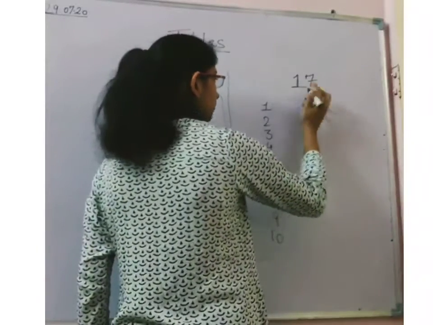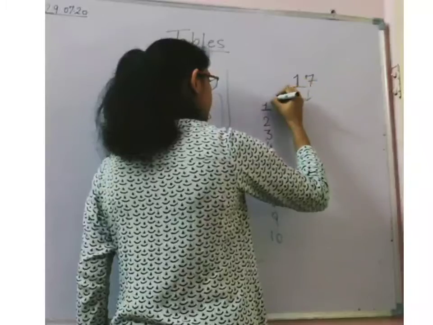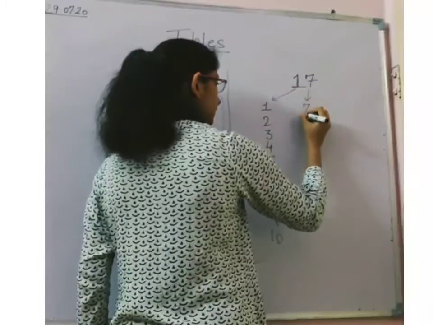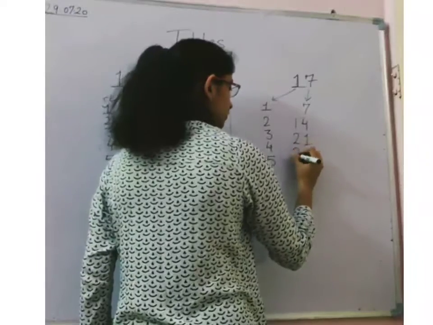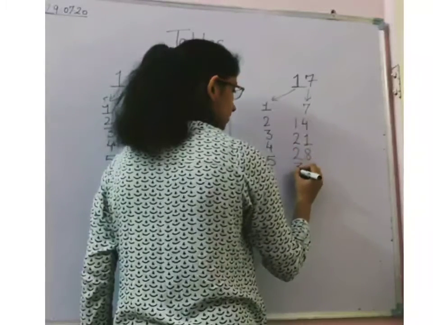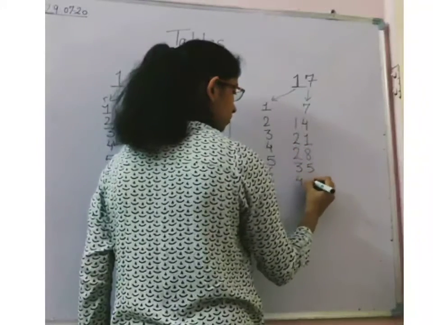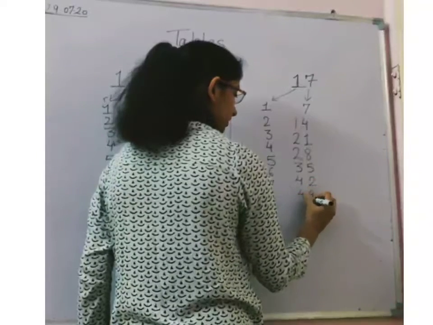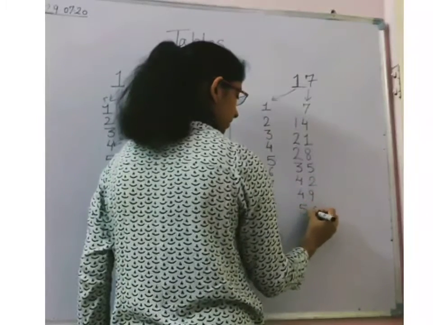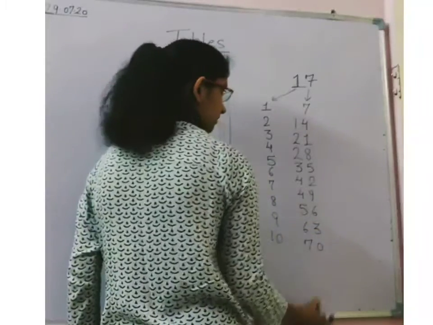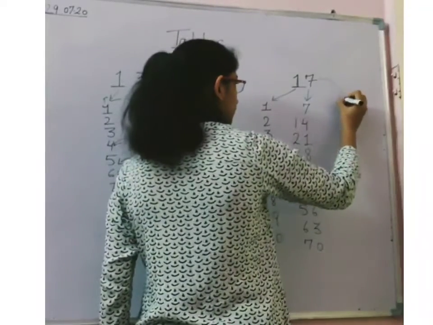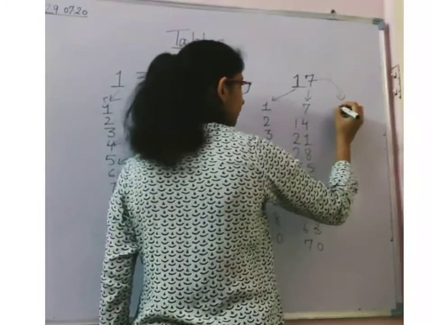When I talk about the table of 7, that will be 7 ones are 7, 7 twos are 14, 7 threes are 21, 7 fours are 28, 7 fives are 35, 7 sixes are 42, 7 sevens are 49, 7 eights are 56, 7 nines are 63, 7 tens are 70.